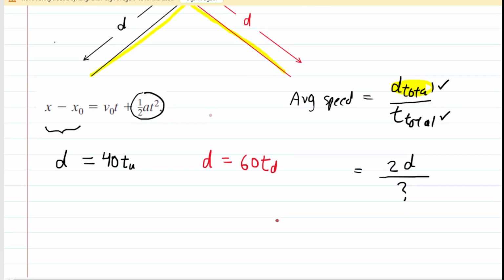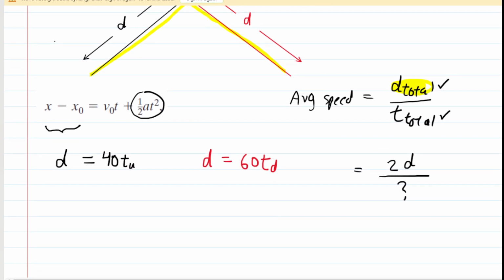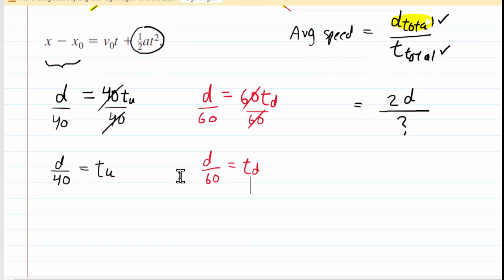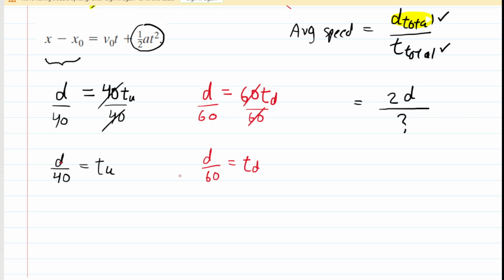Now, what we're going to do is we're going to solve for the times. So we're going to divide both sides of this first equation by the 40 kilometers per hour. That would cancel it out on the right-hand side. And then we can do something similar here to solve for the total amount of time going down the hill. Just divide both sides by 60 to cancel it out. So now we have these two times. Again, the t sub u is the time going up the hill, and the t sub d is the time going down the hill.